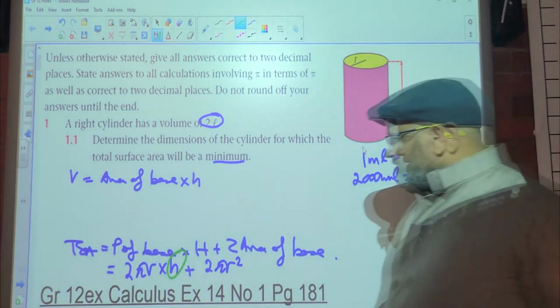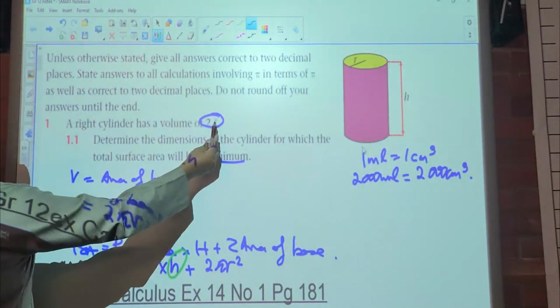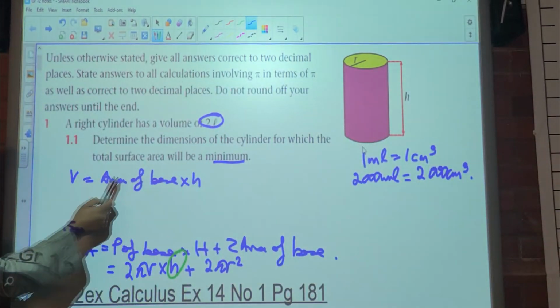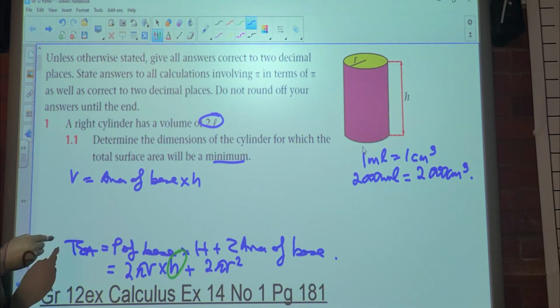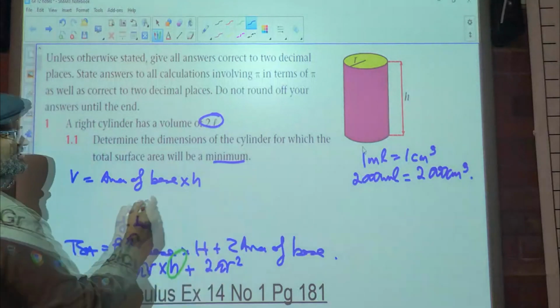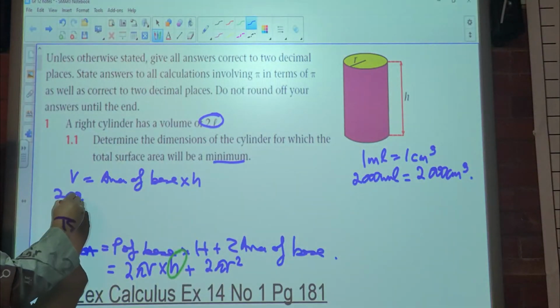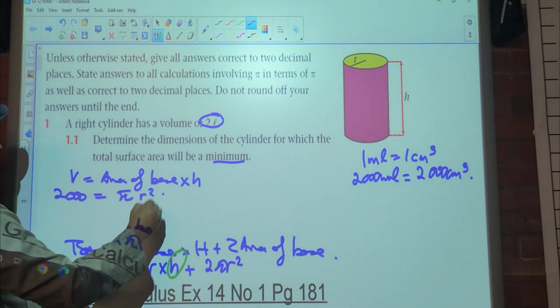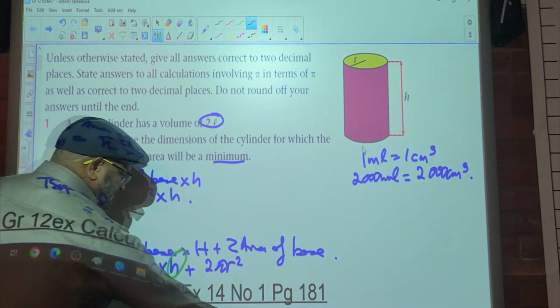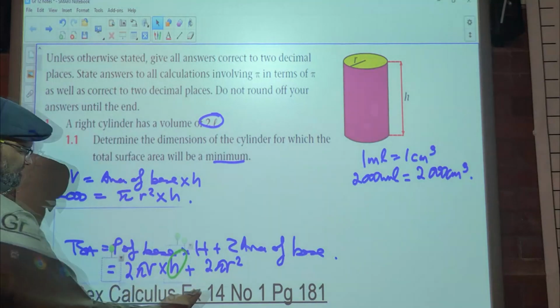Because the volume is given, I'm going to use this formula to get h in terms of r. Your volume is 2000, so 2000 is equal to area of the base, pi r squared, times height. How do I get h on its own?